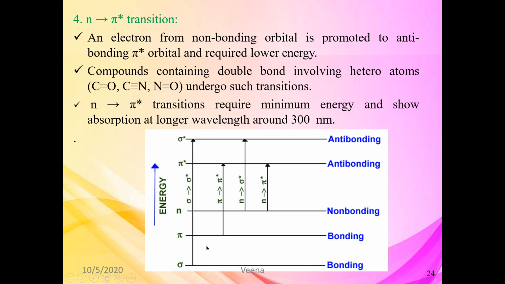So usually in the molecule, the electrons will reside in the ground energy level. When a molecule absorbs UV light, UV radiation, any of these excitations are possible corresponding to the nature of the electron present in a molecule.